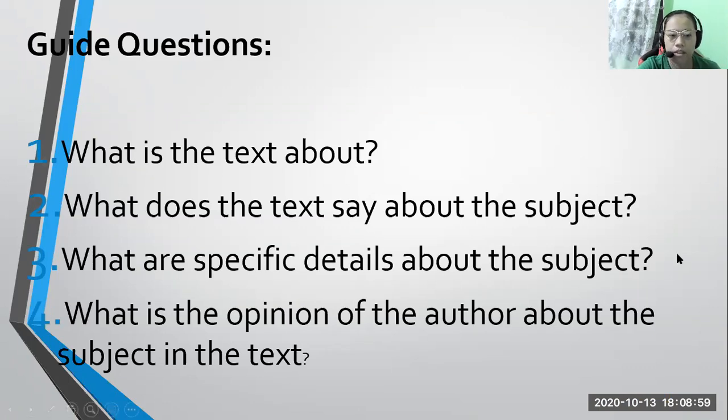Number three, what are specific details about the subject? And number four, what is the opinion of the author about the subject in the text? So in other words, for you to be able to identify the main idea of a text, you have to know what the topic is and what the author is mainly saying about that particular topic.